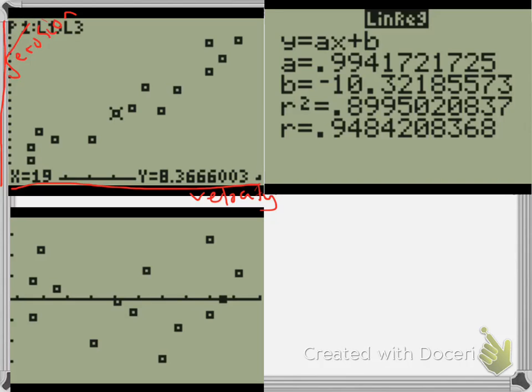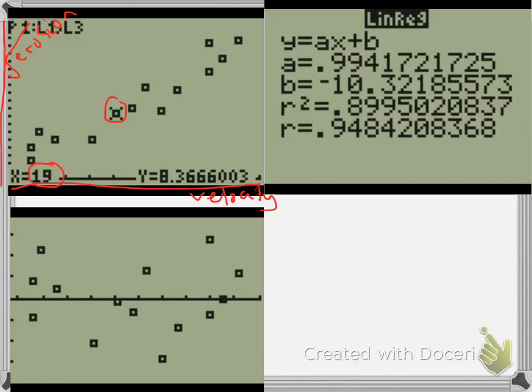Okay? And again, for reference, I put a point here so you know that the velocity is 19 kilometers per hour, and the y would be the square root of y, that.